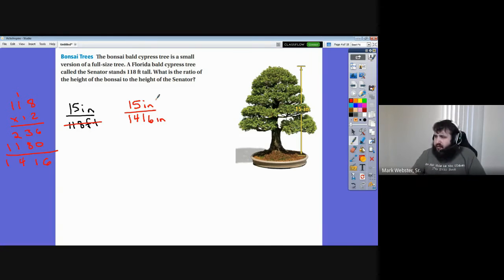But when we write a fraction, we want to make sure it's in simplest form. Let's check to see if it's in simplest form. 15 has a factor of 5 and a factor of 3. 1,416 doesn't divide evenly into 5, right? That last number is not a 5 or a 0, but it does divide evenly into 3.